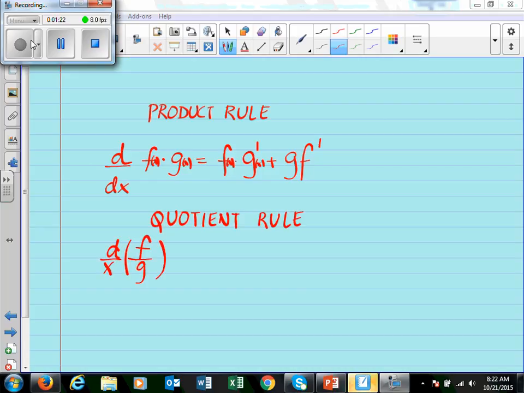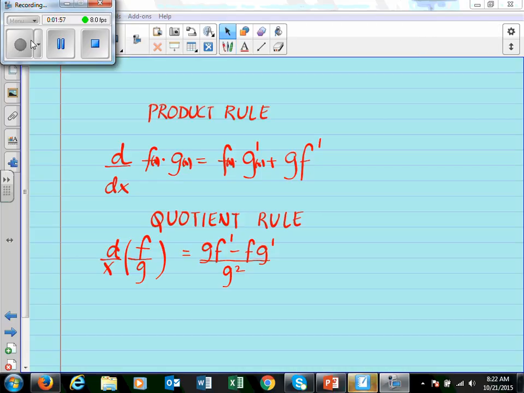So g, the denominator, times f prime, divided by g squared. It just looks complicated. So these are the two rules, the product rule and the quotient rule.